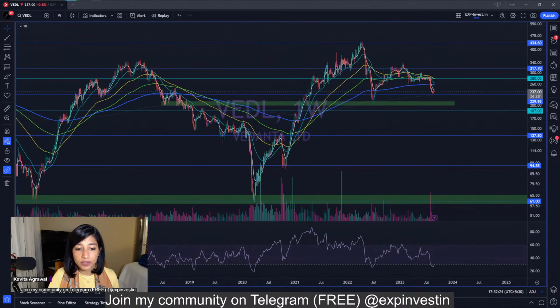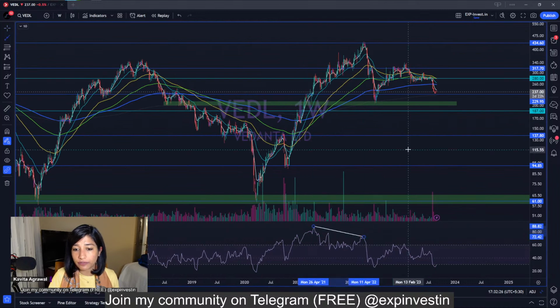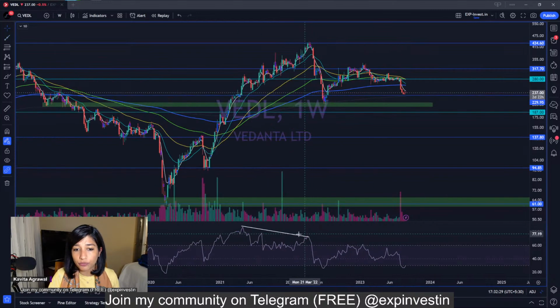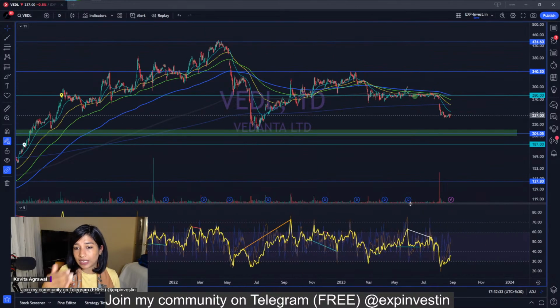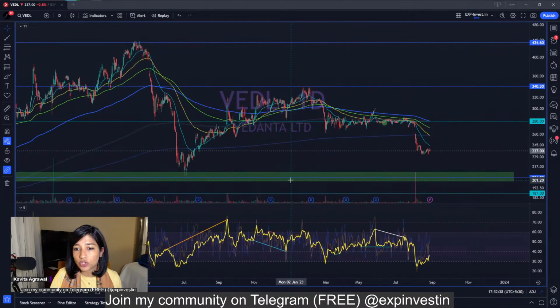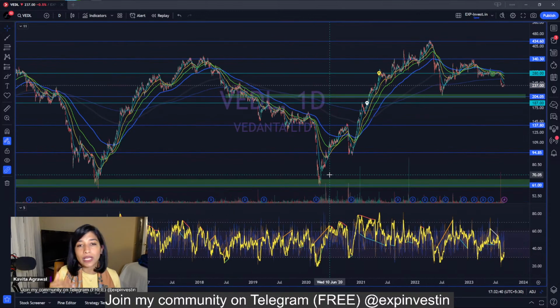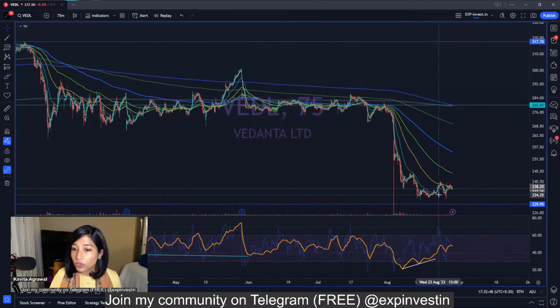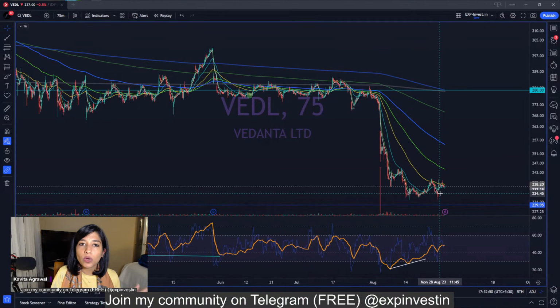And based on the strong negative divergence on the weekly time frame, and the kind of volume profile that is unfolding, declines with very high volumes, breach of key exponential moving averages, it looks like the stock is again on a downtrend, and you don't want to be long on this stock. In fact, if you do have a long position, then what I just said for DLF, use the next few days' positive momentum to exit your positions in BHEL.